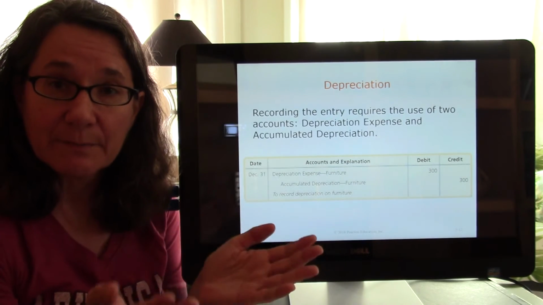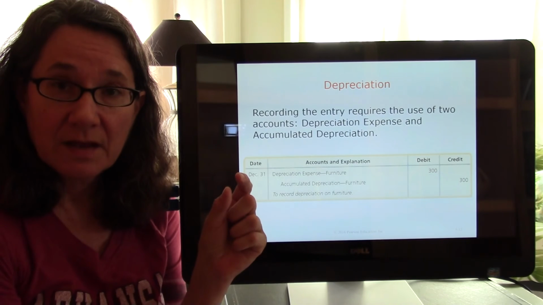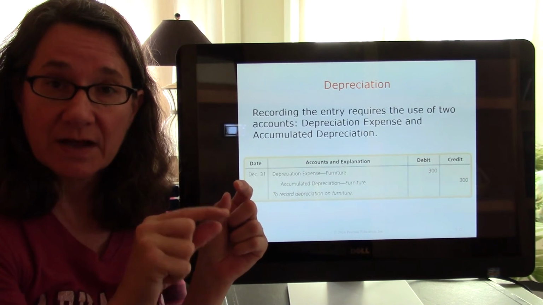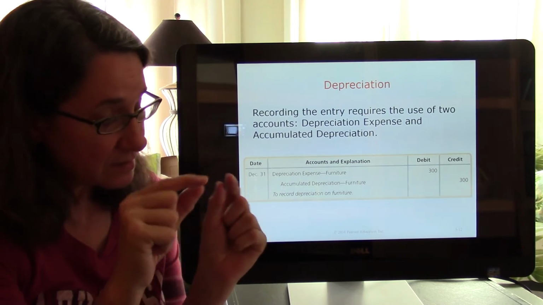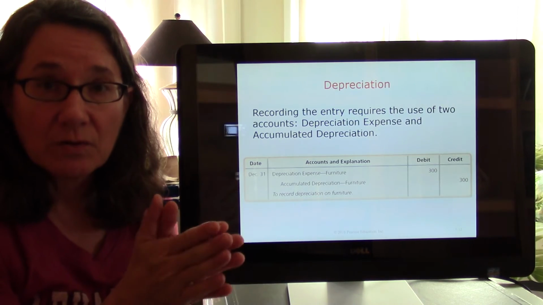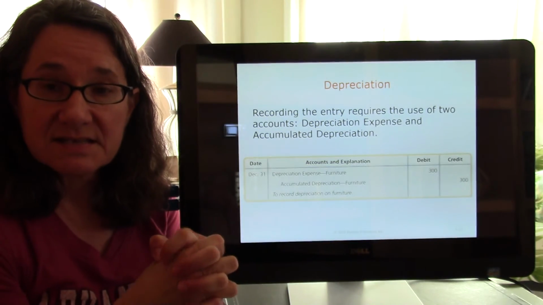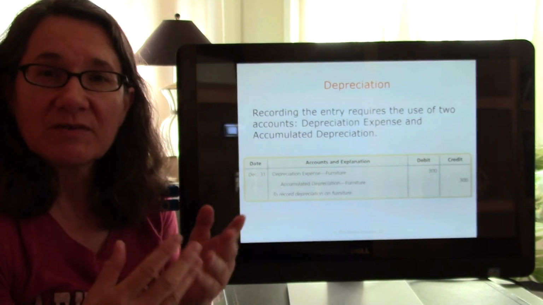So if you were to look at the balance sheet or the trial balance, you would see furniture $18,000 and accumulated depreciation $300, and you can subtract those and say, okay, the actual value of that asset is $17,700, but it's more informative this way.